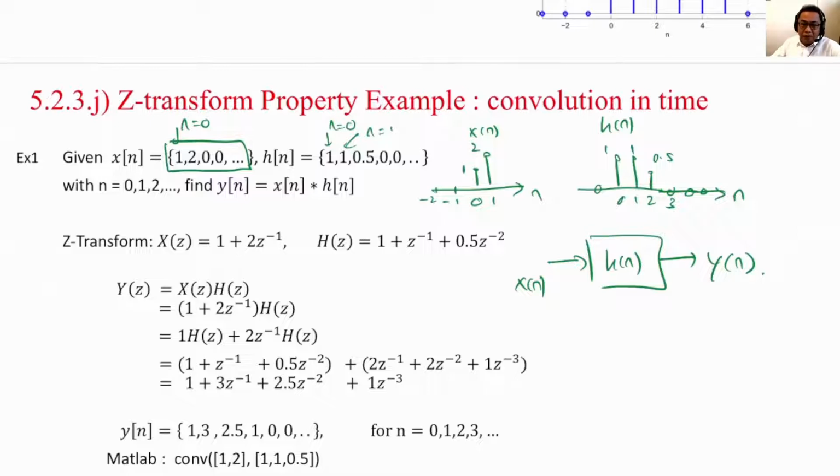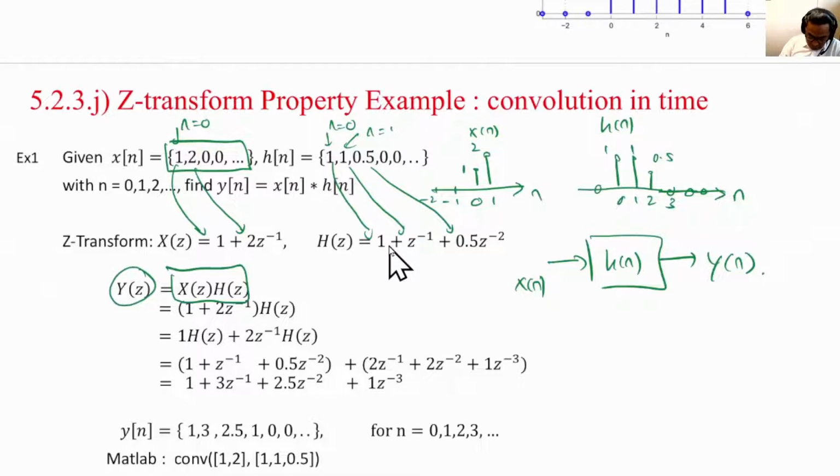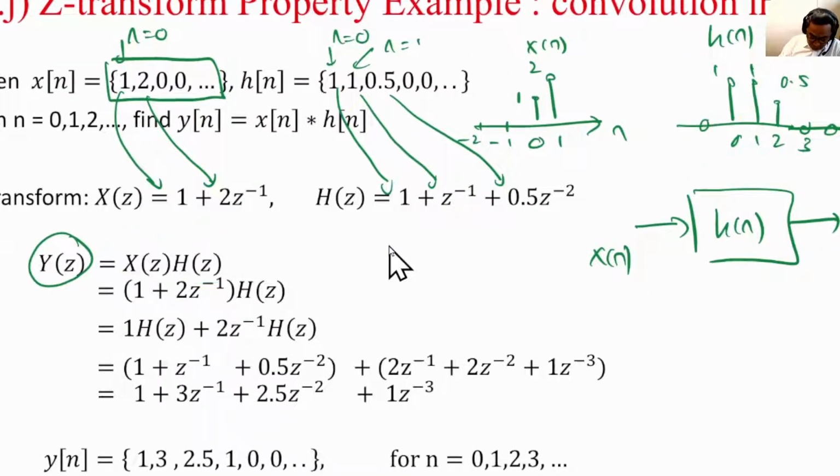Now we're going to perform the Z-transform of x[n] to get X(z). Because this is a finite sequence, this is trivial: 1 at time index 0 becomes 1, and 2 becomes 2z^-1. h[n] becomes 1 plus z^-1 plus 0.5z^-2, since the rest is nothing. Remember that we are going to multiply X(z) and H(z) to get Y(z).